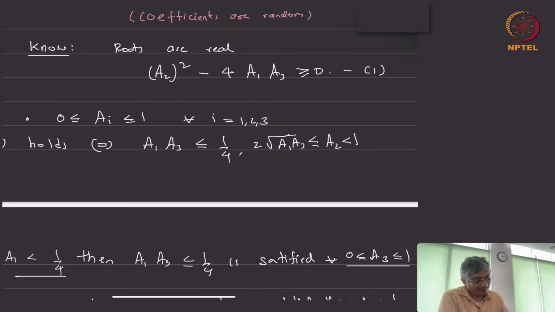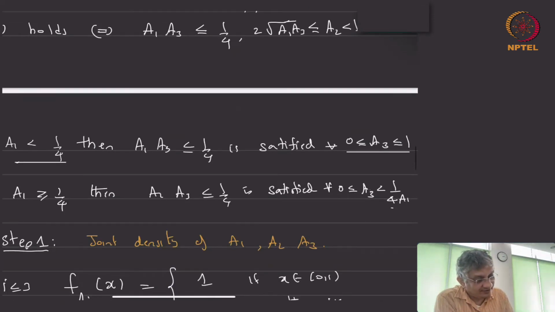Then you split up into two cases. One case is when A1 is between 0 and a quarter. In this case, A1 A3 will be less than a quarter no matter what A3 is, because A1 is less than a quarter and A3 can be at most 1 and non-negative, so this is always satisfied for any A3. Similarly, if A1 is bigger than a quarter, then you have to worry a little bit.